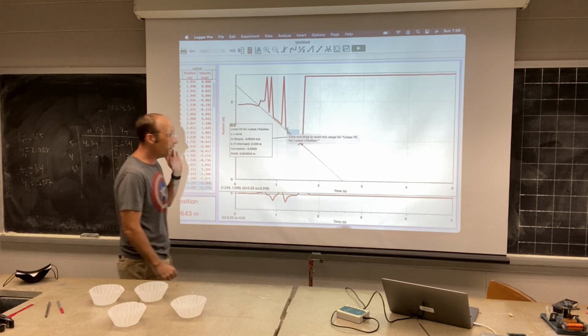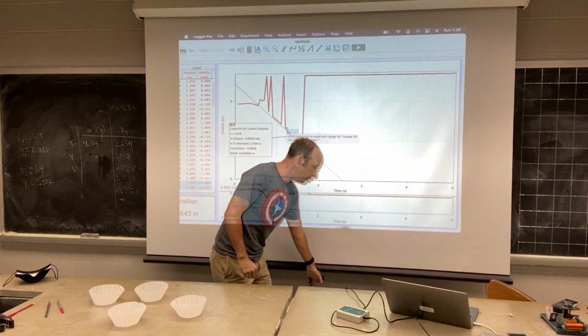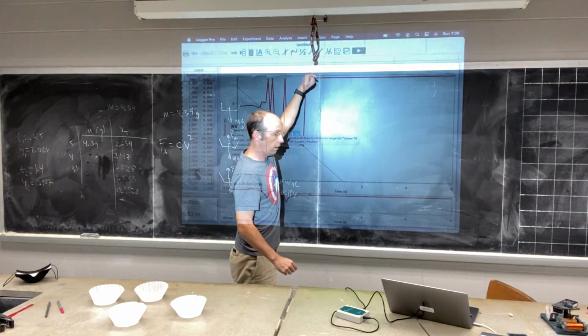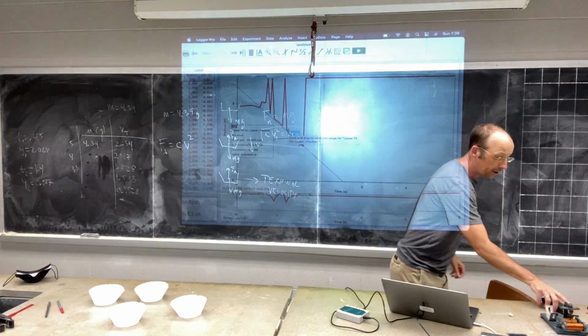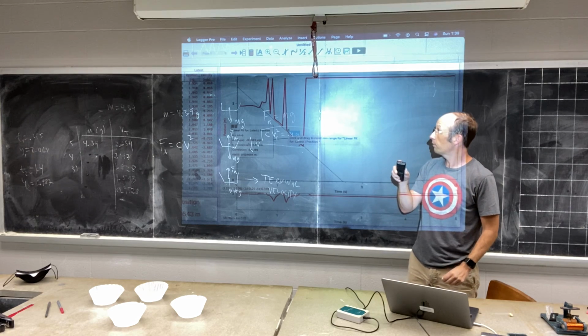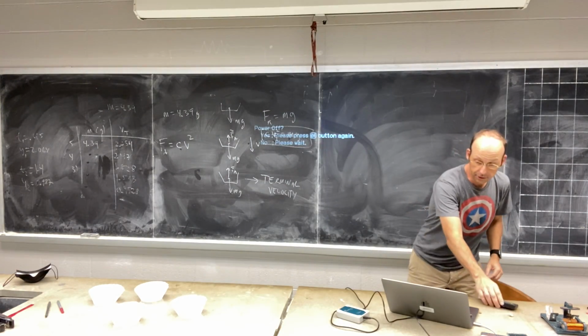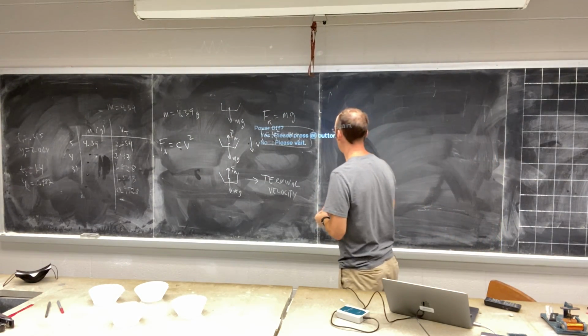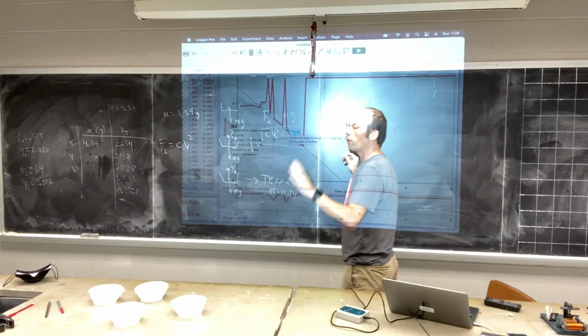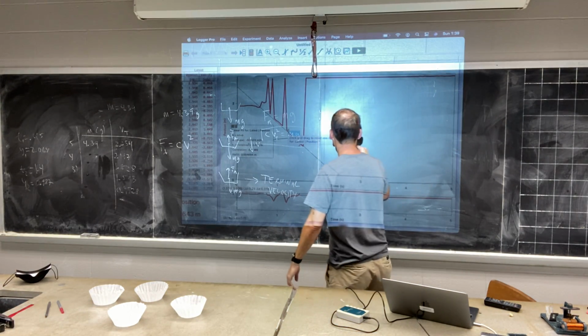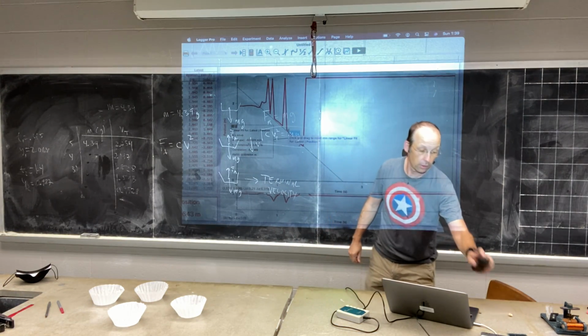Now, if you are challenging yourself, if you want to do a lab report, one of the things you could do, let me turn this off, is to model the motion of a falling coffee filter. Okay, because if you remember back before we had this numerical calculation, oh, it didn't turn off.